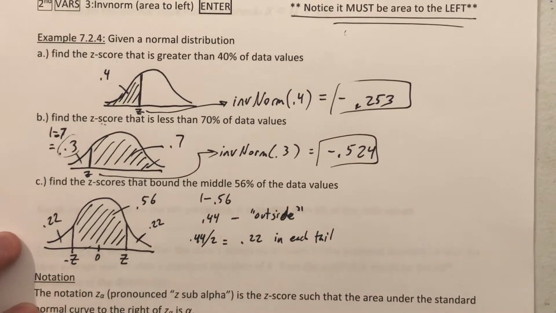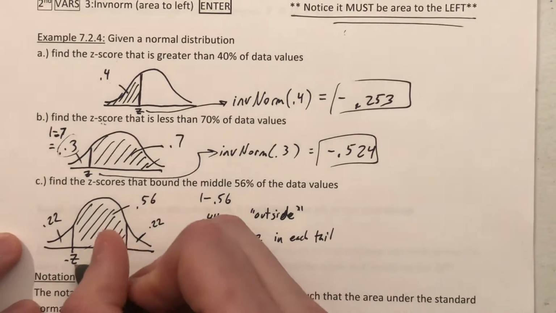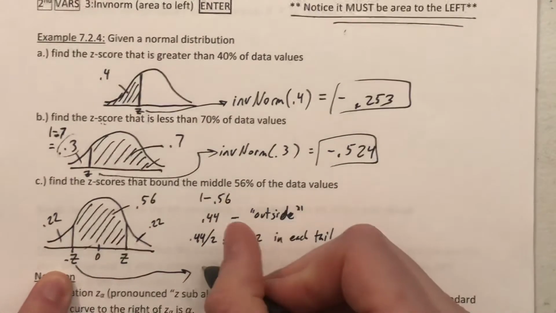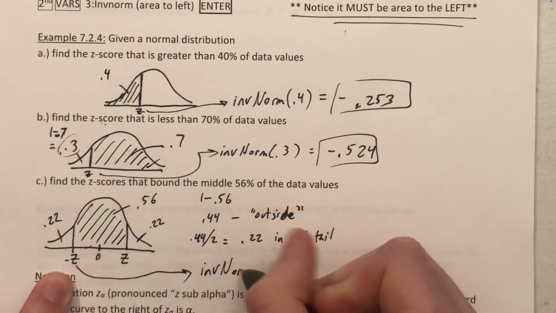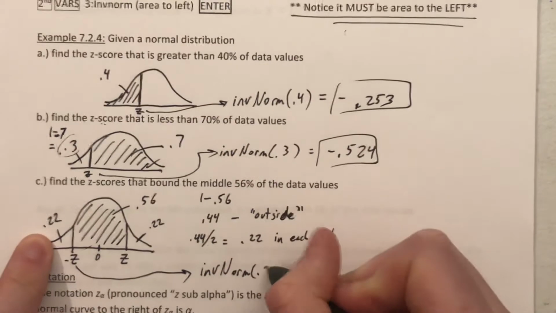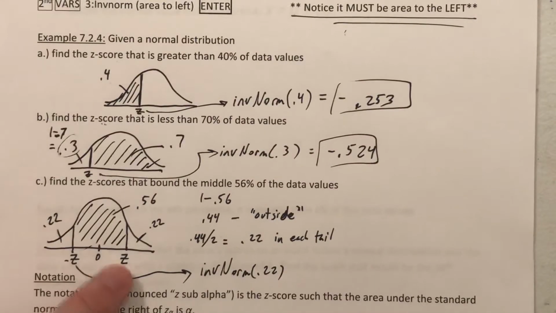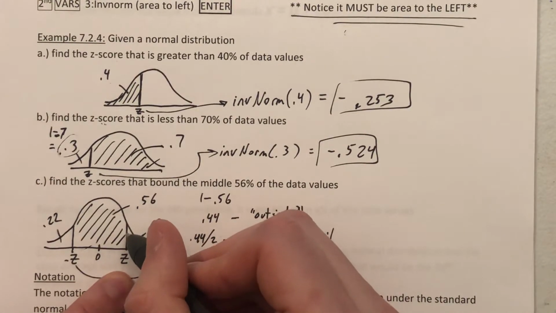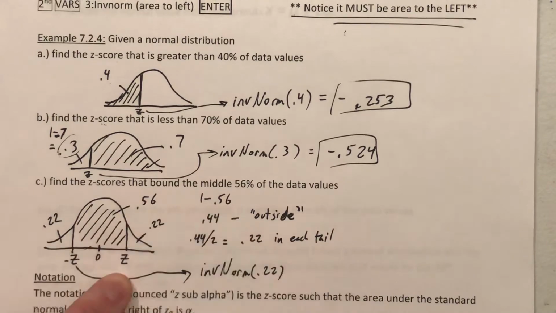I'm going to go ahead and say, let's take this one right here, because I can look at this z-score with that boundary line, and I can say immediately the area to its left is that 0.22. You could have done this one. The key would be with this one, you have to understand that there's all of this 0.56 and the 0.22 to its left. So this one's a little more straightforward.